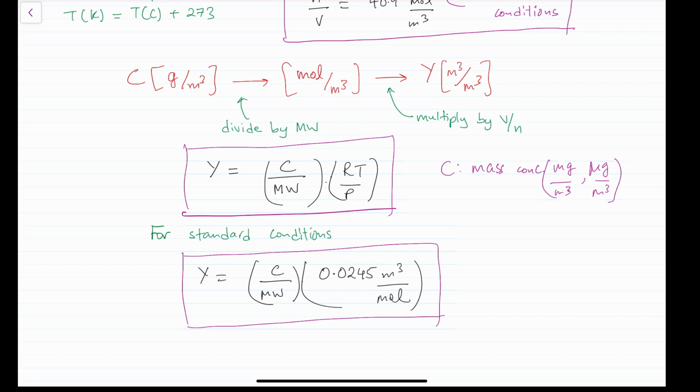And MW is molecular weight, which is in the units of mass, say grams per mole. And Y is the volumetric concentration, which is meter cube per meter cube or mole per mole.